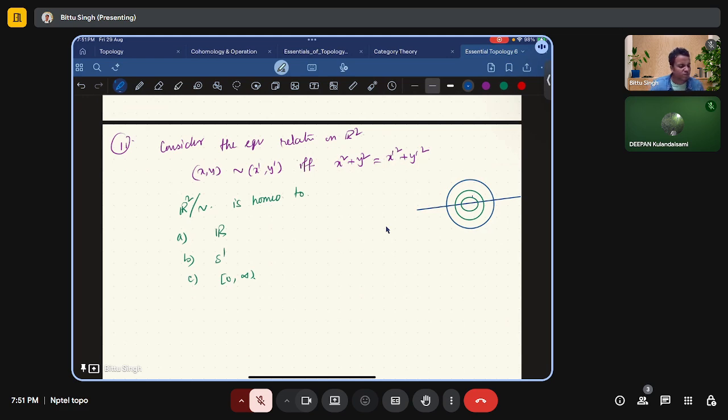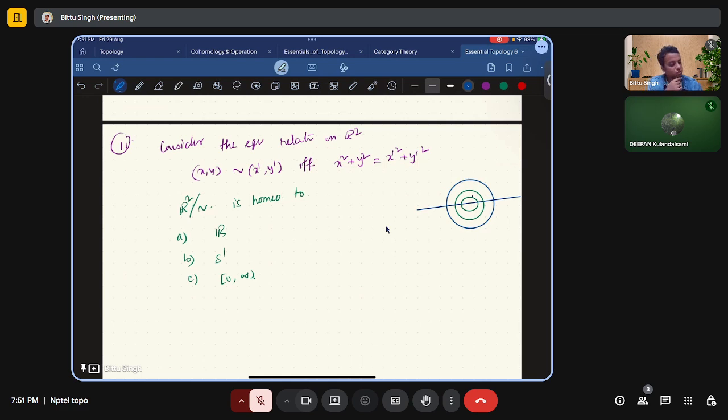Earlier we have seen one way to see whether something is a quotient map or not. We can use the property of retract: if a map is a retract map, then that map is actually a quotient map.